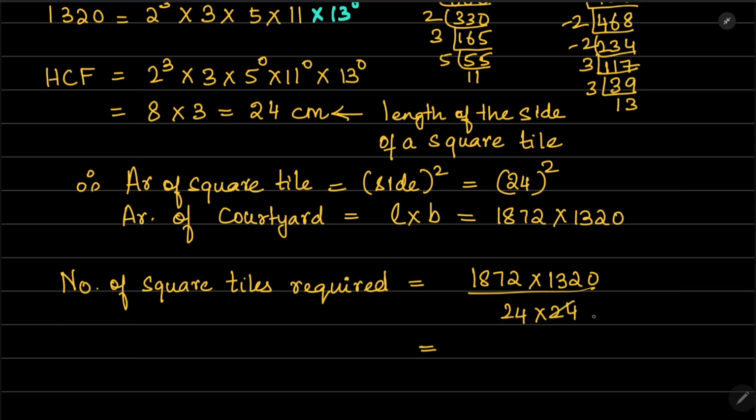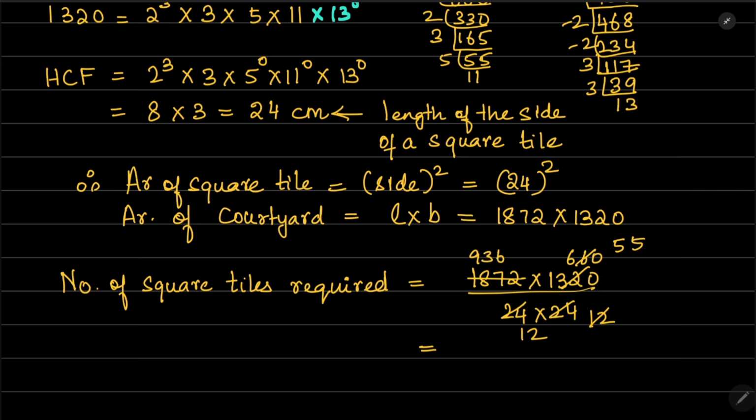So let's cancel. 2 12s, 2 6s are 12, again 60, and again 12, 5s are 60, and then again 5. Here also you can get 2 12s, 2 9s are 18, 2 4s, 2 3s are 6, and then 2 6.